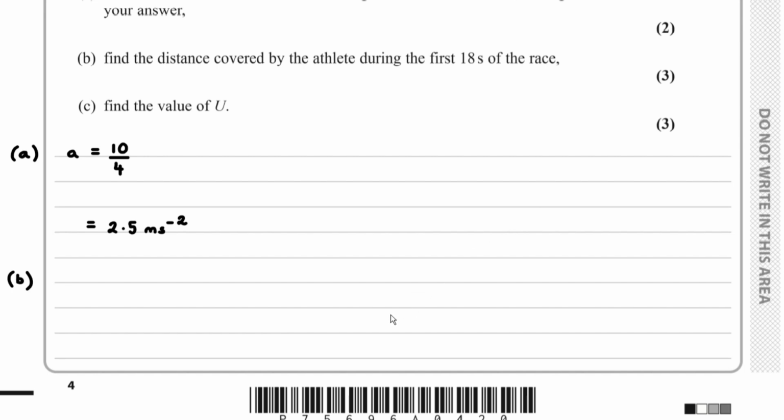Hence, the distance S will equal 1/2 times 10 times 4, which is the triangle in the first 4 seconds, plus 18 subtract 4 multiplied by 10, which is the rectangle in the next 14 seconds. And working this out, we end up with 160 meters.